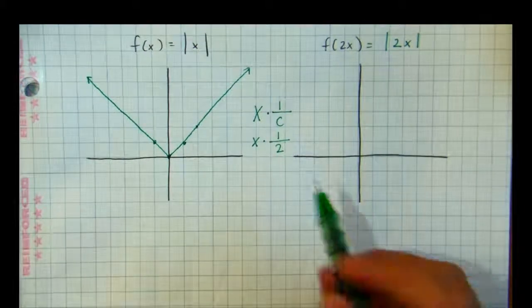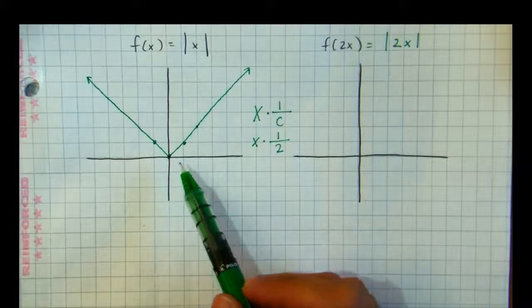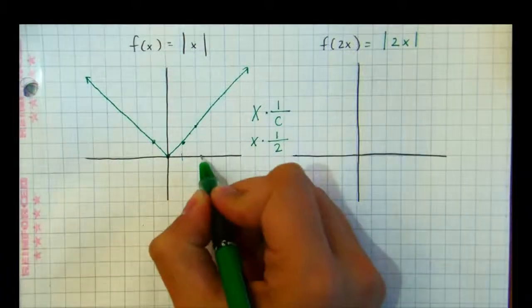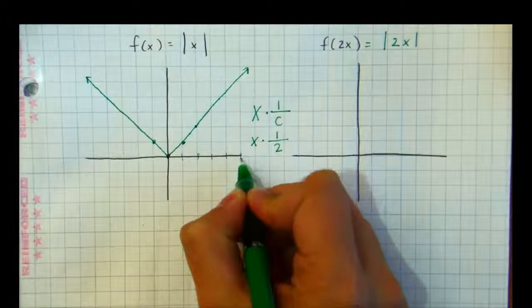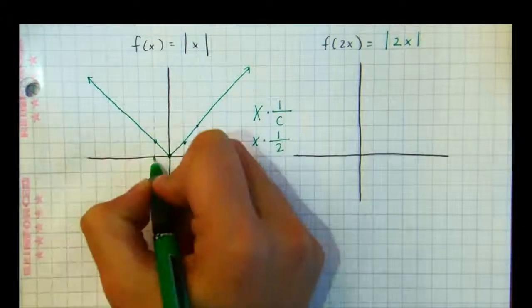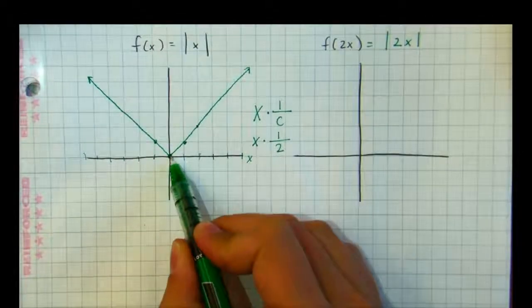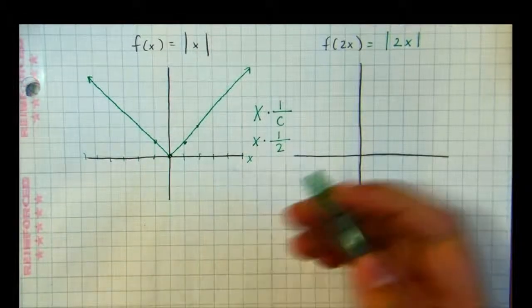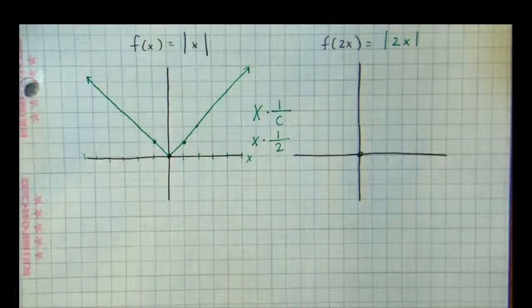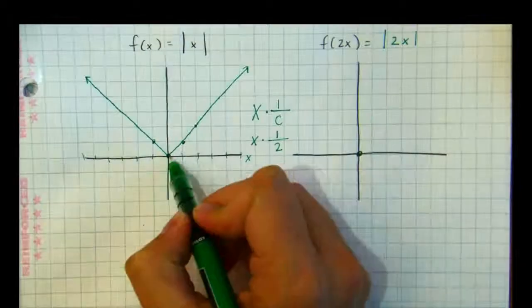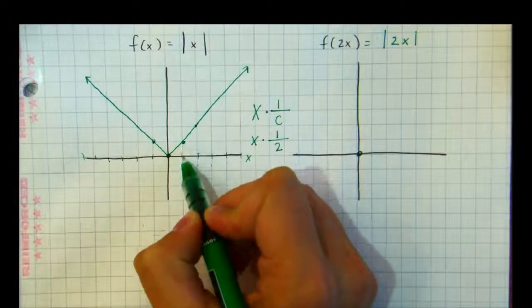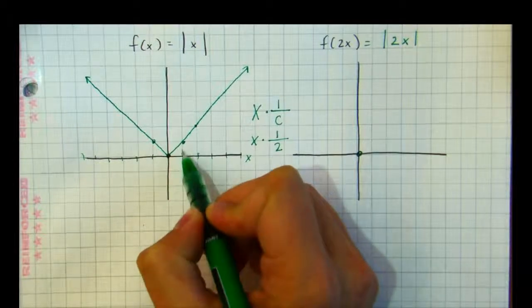Over at my critical values in my parent function, I'm going to take each of my x values, all of my values on my x-axis over here, and I'm going to multiply them by 1/2. So starting at (0, 0), well, my x value is 0, multiplying it by 1/2, I'm going to end up at 0. My next critical point, my x value in this case is 1.